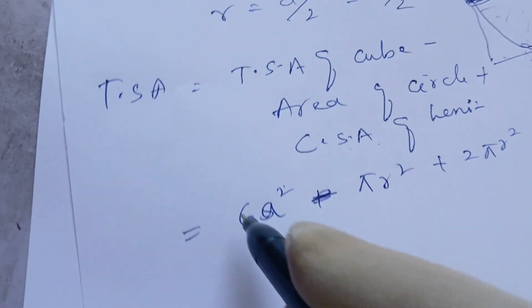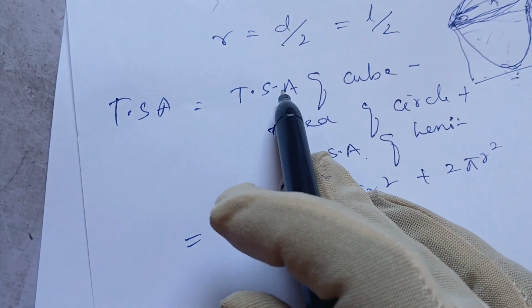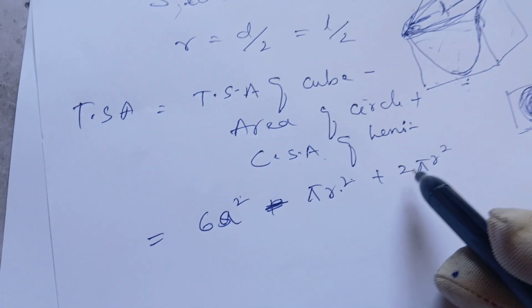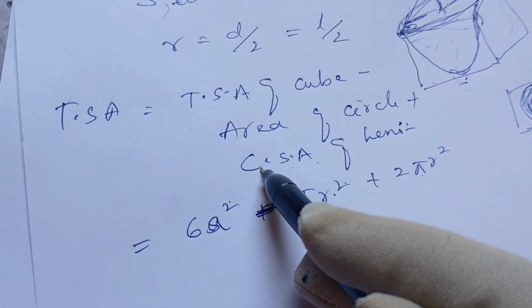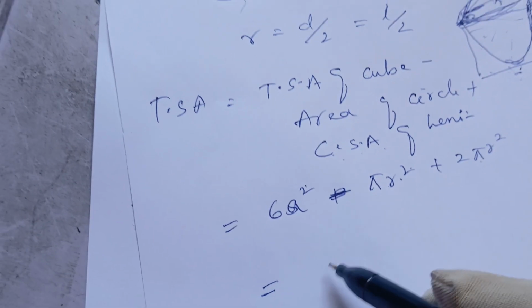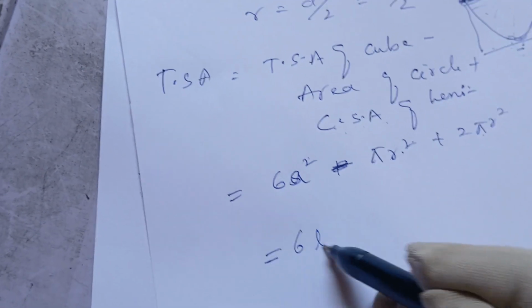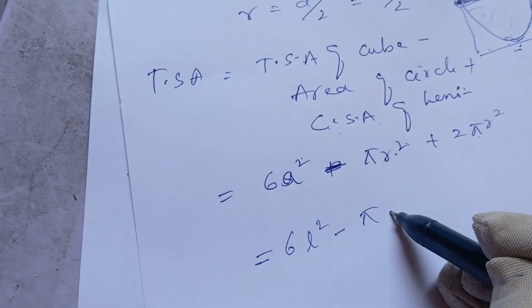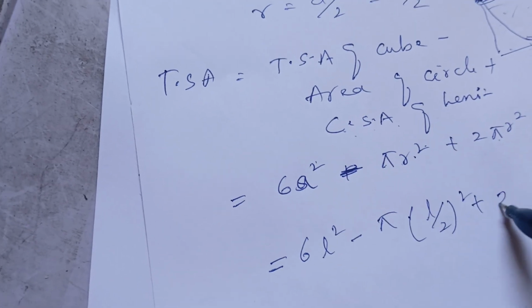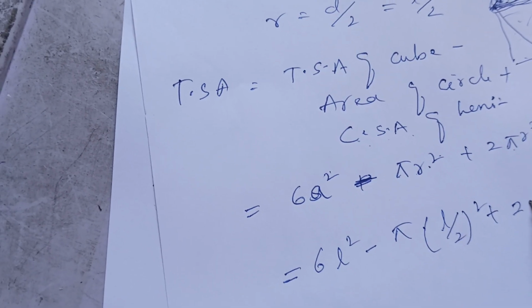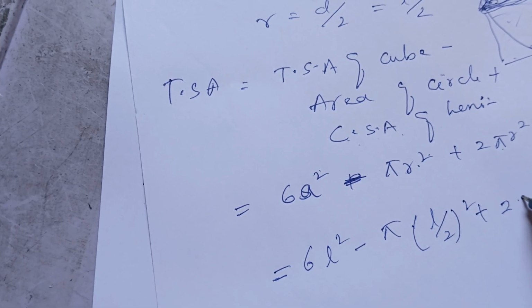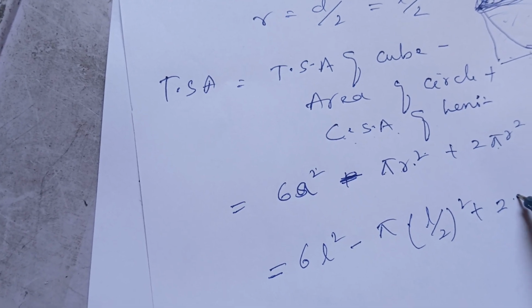I have written the formula: 6a square is the total surface area of a cube, minus pi r square, the area of a circle, plus 2 pi r square, the curved surface area of a hemisphere. So a is L, so L square, minus pi, where r is nothing but L by 2 squared, plus 2 pi.